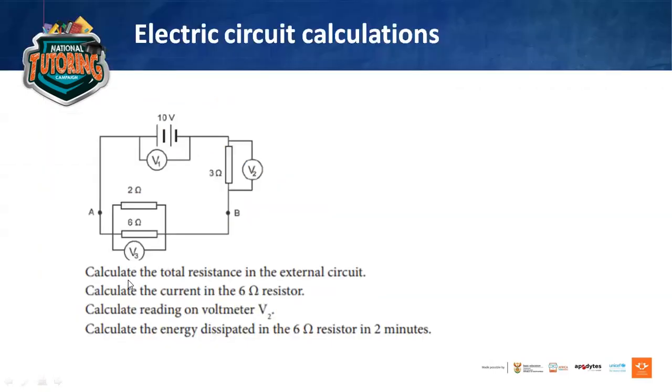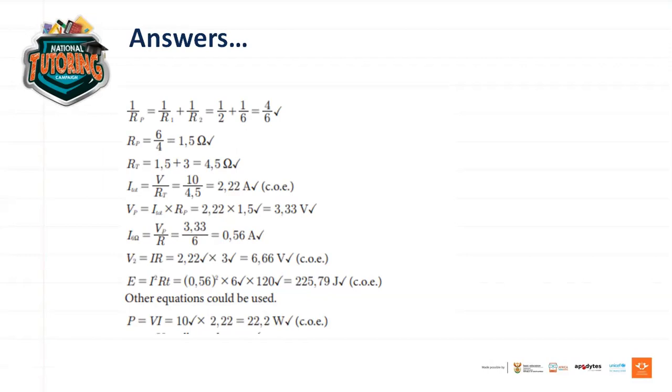So now they say calculate the energy dissipated in the 2 ohms resistors in 2 minutes. Remember, guys, we did mention that energy always has time in it. So now it's going to be I squared R times the time. In this case, our current is the 0.56 on the 6 ohms resistor.